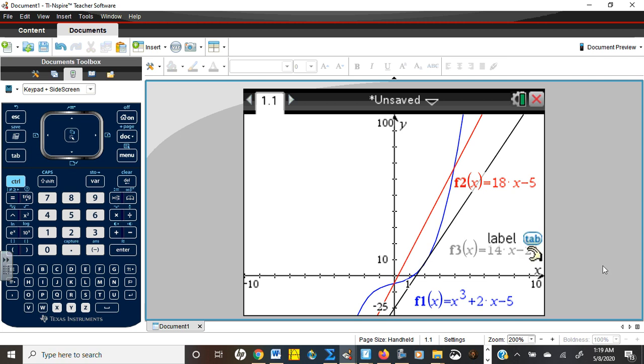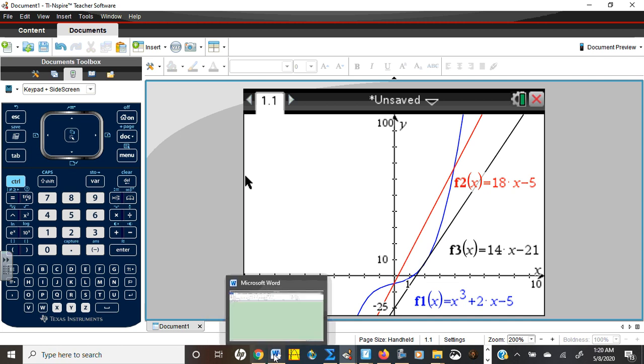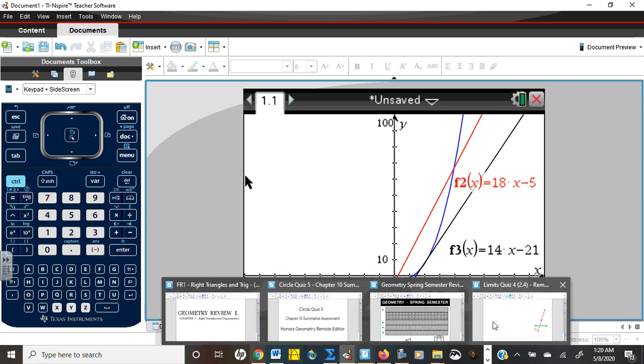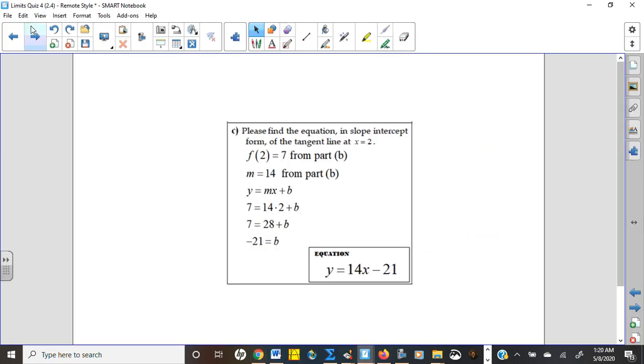Seeing those intricacies there. Now, there's one last activity here. What we could do is go ahead and, through this point of tangency right here, let's find the normal line. So it's going to be perpendicular through that. This is another piece of the problem that I thought you guys did pretty well on.